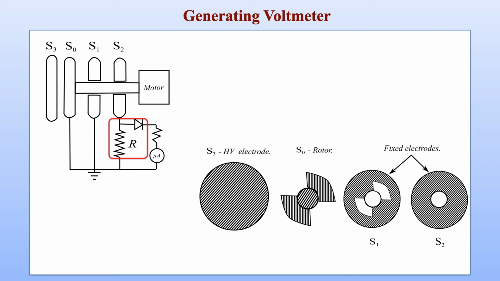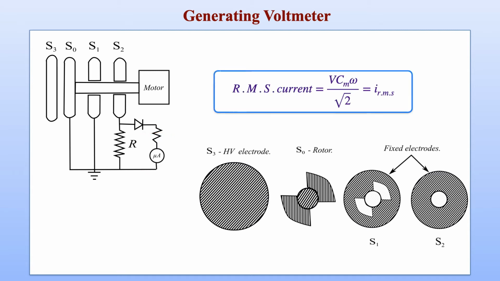Then we have a rectifier circuit which will enable measuring the rectified current induced due to the time rate of change of capacitance, as we have seen in the equation earlier. And lastly, the microammeter, which will give us current directly calibrated in terms of unknown high DC voltages.